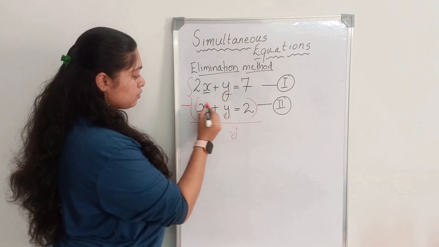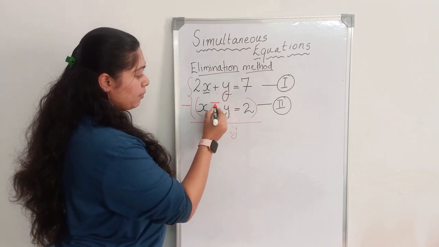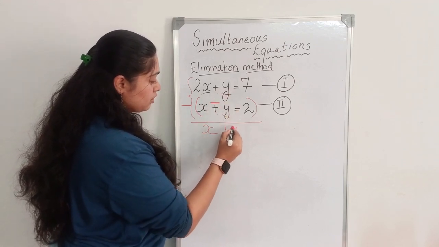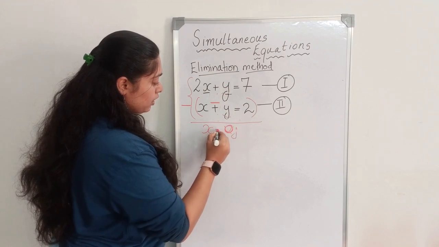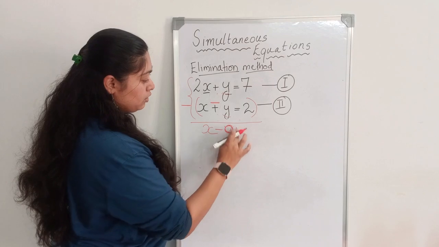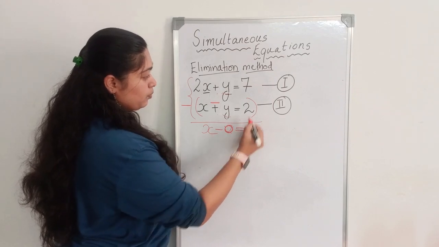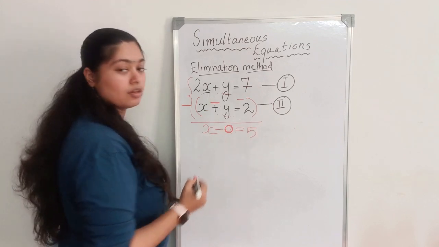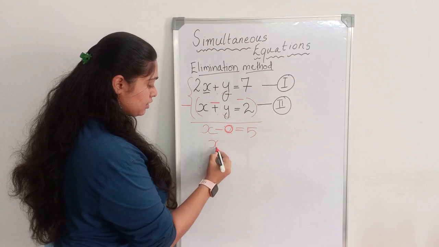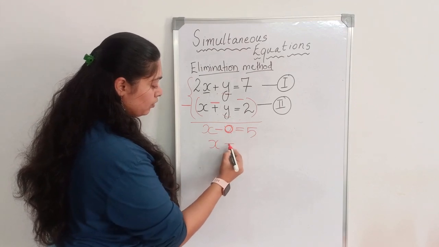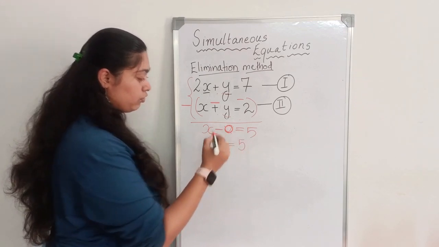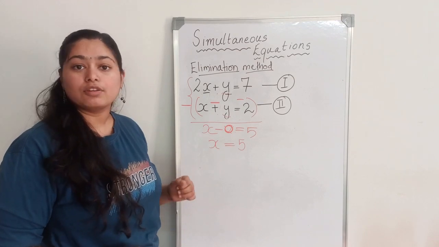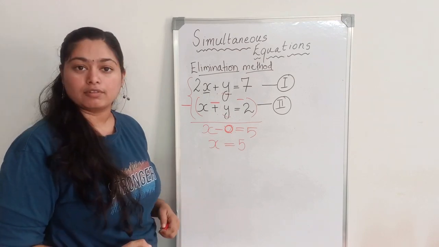For y, this minus is applicable here, so y minus y is 0. So x minus 0 is equal to 7 minus 2, that is 5. So now I have x minus 0 is equal to 5, which means x is equal to 5. So there I got the value of the first variable, x is equal to 5.